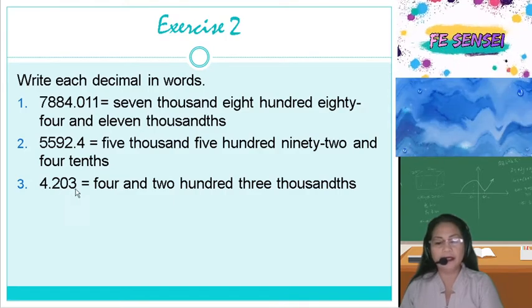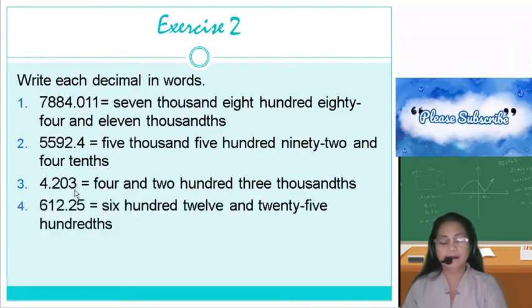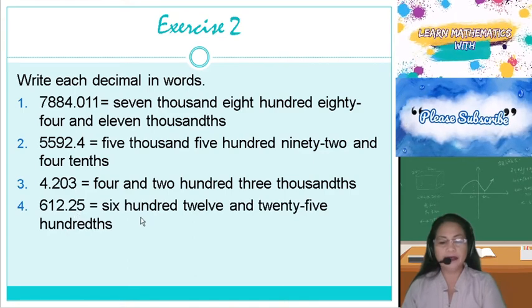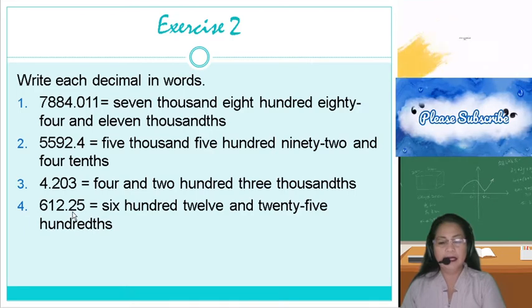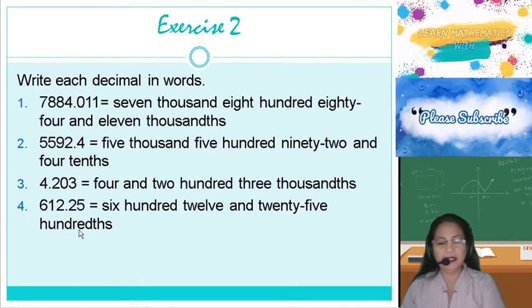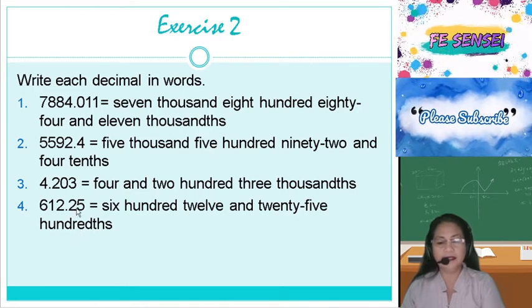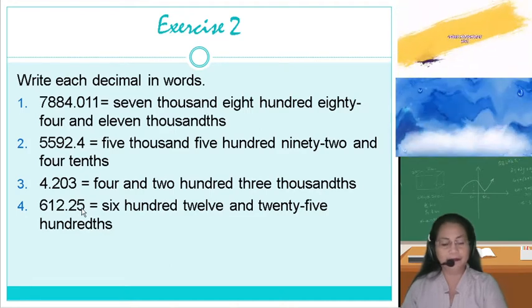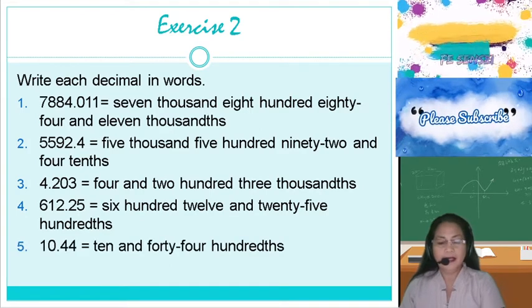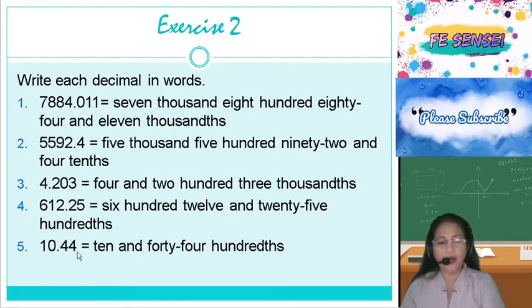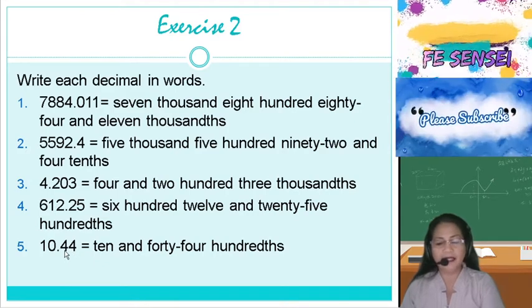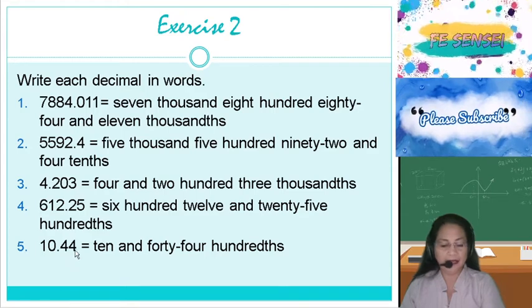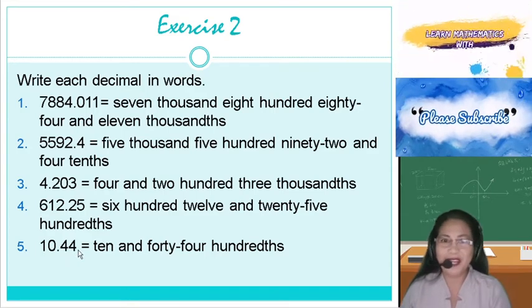Tenths, hundredths, and thousandths. 612 and 25 hundredths. Hundredths because this is tenths, hundredths. 10 and 44 hundredths. Tenths, hundredths. Got it?